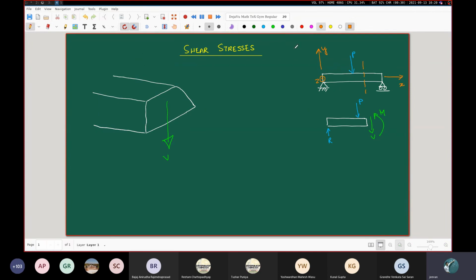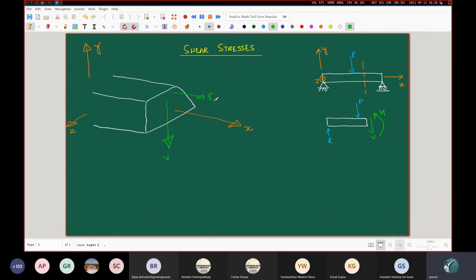So we understand that this is our X, this here is our Y, and Z is in this fashion. Now, the sigma xx is like this.